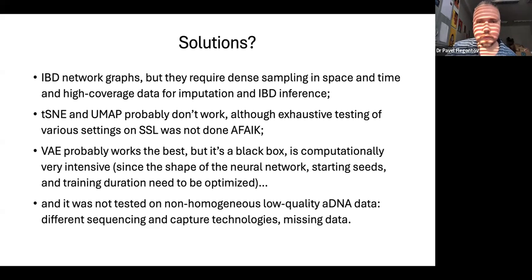It requires a lot of GPU power, and the shape of the neural network, the starting seeds and training duration need to be optimized. And moreover, it was not tested on non-homogeneous, low-quality ancient DNA data. It was tested and shown to be very good only on high-quality data sampled at one time point at present.